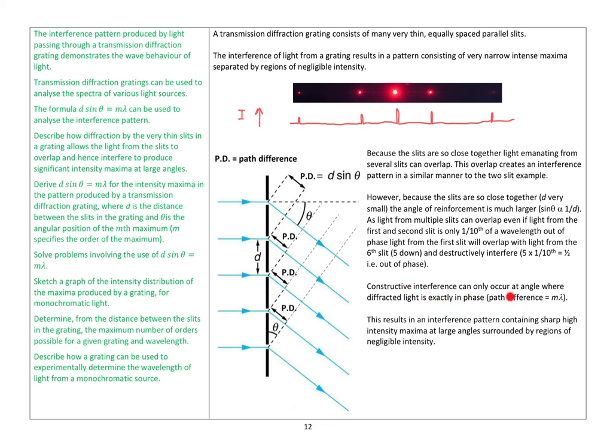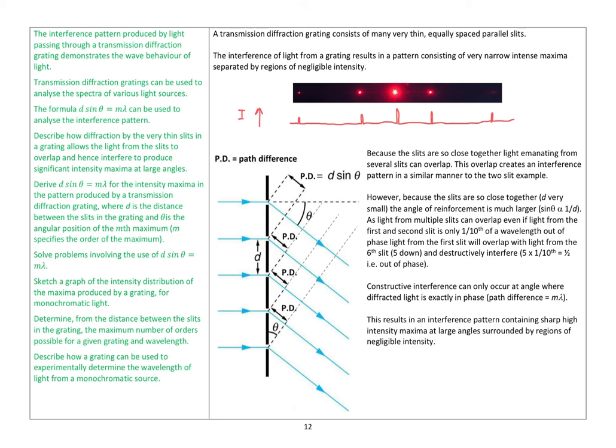Constructive interference can only occur at an angle where diffracted light is exactly in phase, i.e. the path difference is equal to m lambda, where m is a whole number of wavelengths. This results in an interference pattern containing sharp, high-intensity maxima at large angles, surrounded by regions of negligible intensity, all these regions here.